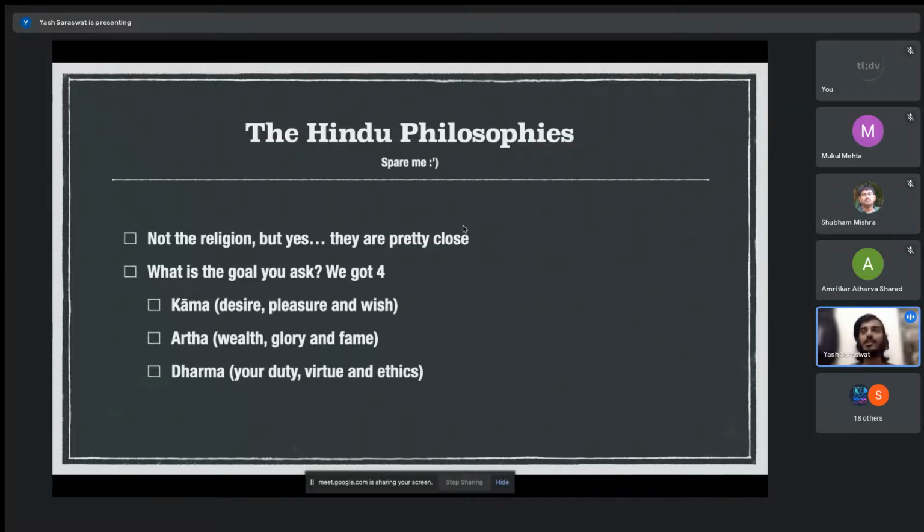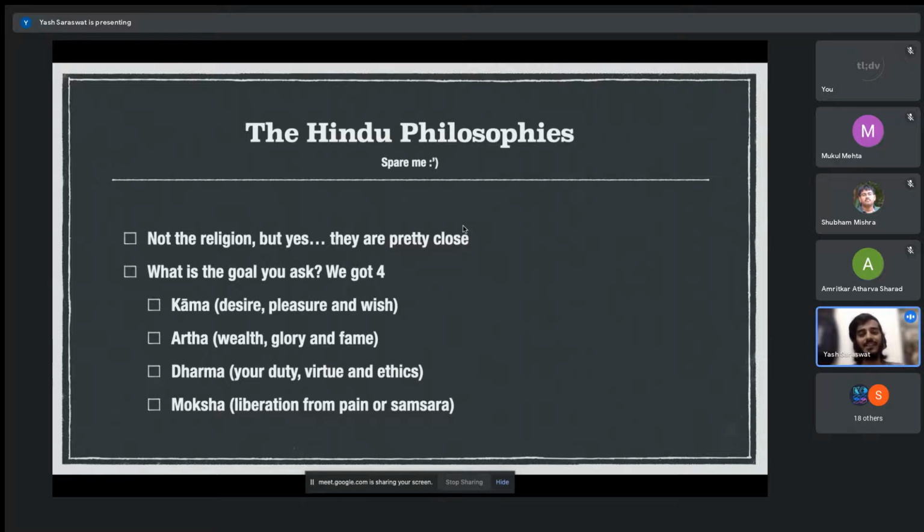Dharma, that is your duty, and this is where ahimsa and all of the philosophies come in. Your karma is your main determiner. That is what you do in life that defines the meaning of life, and you need to do good. Good isn't defined again, but anything morally good is good. And the best way of living life is moksha, which is pretty religious, I guess.